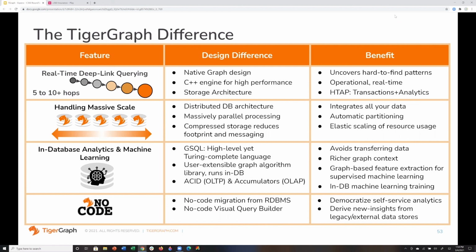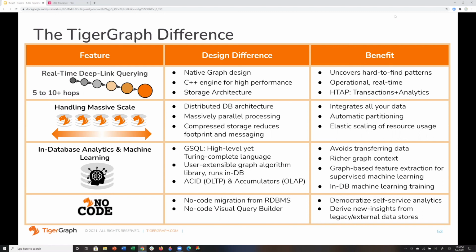And you want the query language and the engine support to do in-database analytics and machine learning. And using a nice interactive dashboard, you don't need to be a developer to do really sophisticated and highly valuable things.